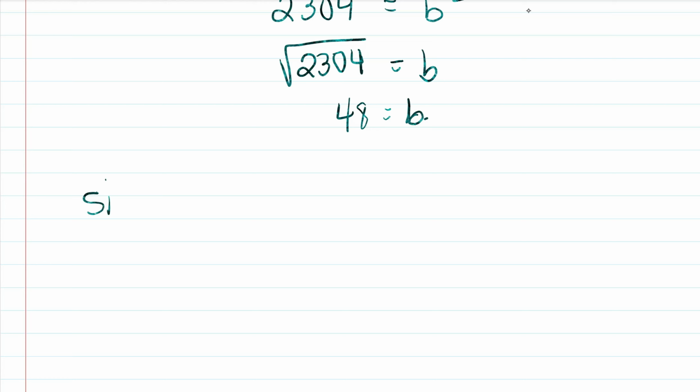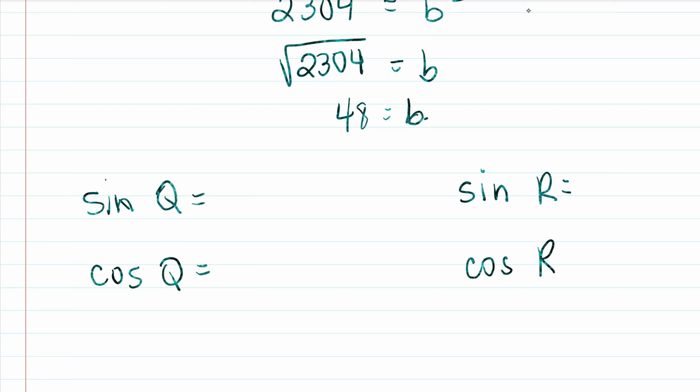Let's say they ask us to find the sine of Q. Maybe they'll say find the sine of R, the cosine of Q, the cosine of R, and then the tangent of Q and the tangent of R. Let's clean that up a little bit.